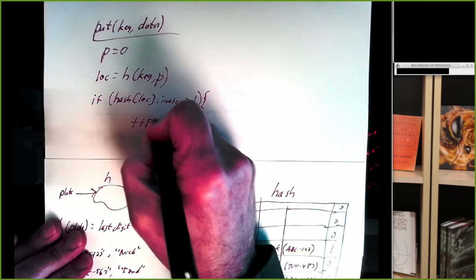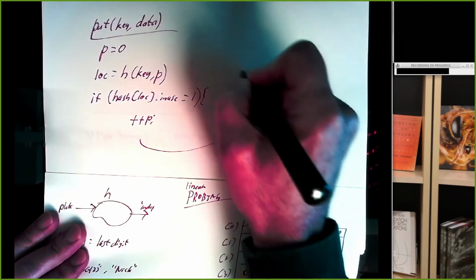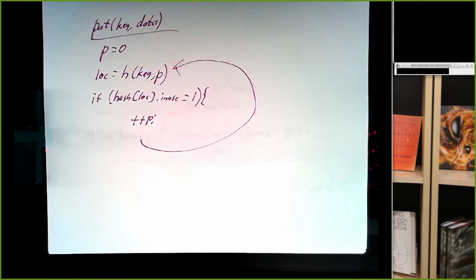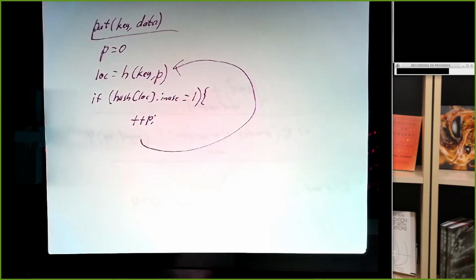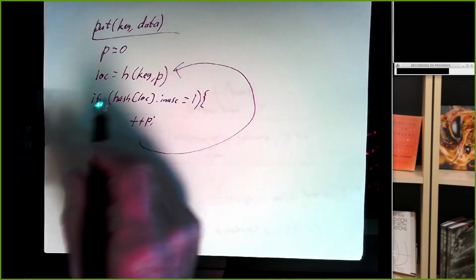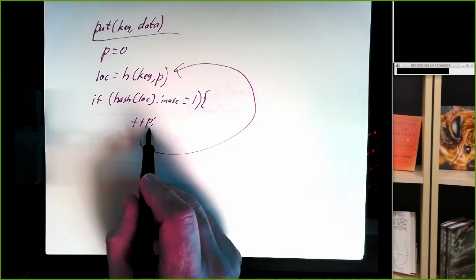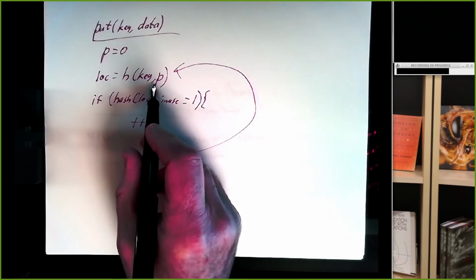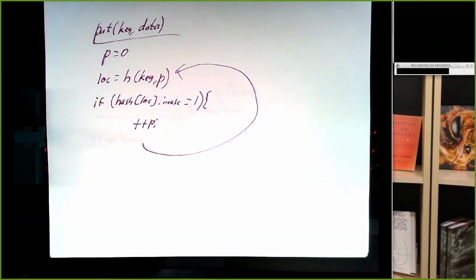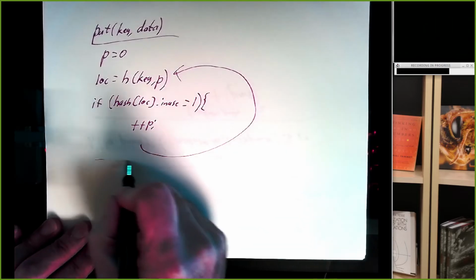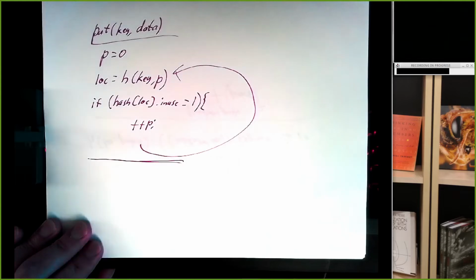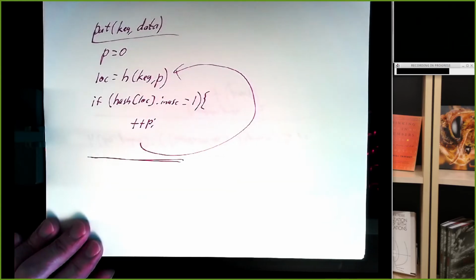Increase the probe number and go back and try again. So this is the rehashing business. We'll set P to 1, we'll rehash, we'll check that location. If that's in use, we'll set P to 2, come back here, rehash, check that location. Assuming at some point we hash to a location that's not in use, that's where we store our key data pair.